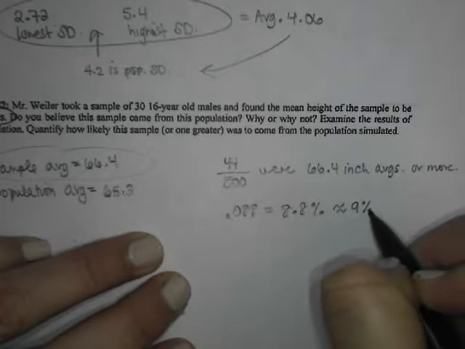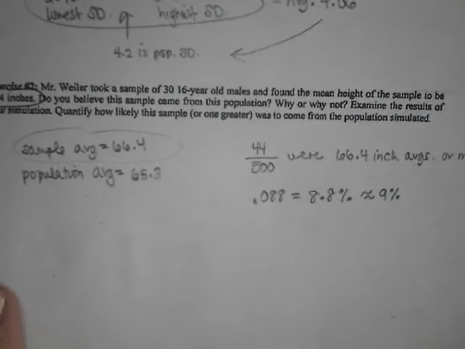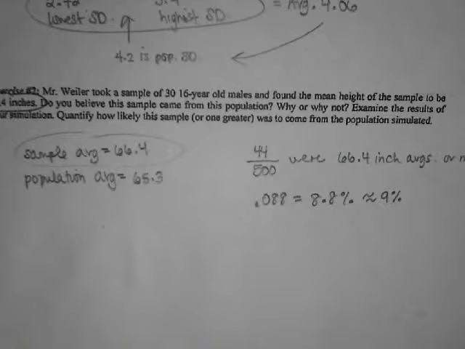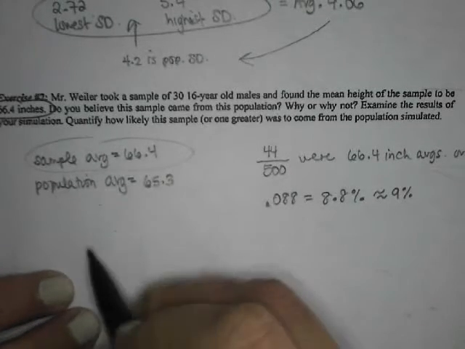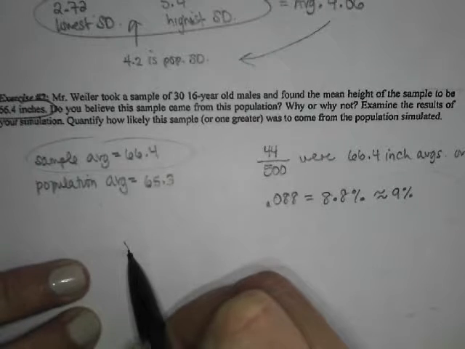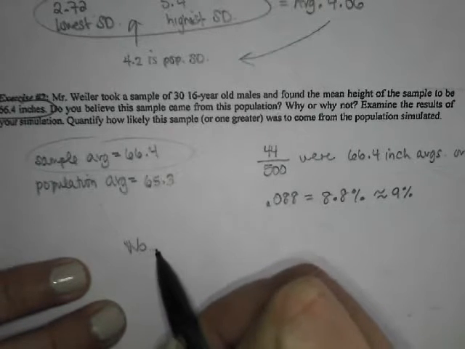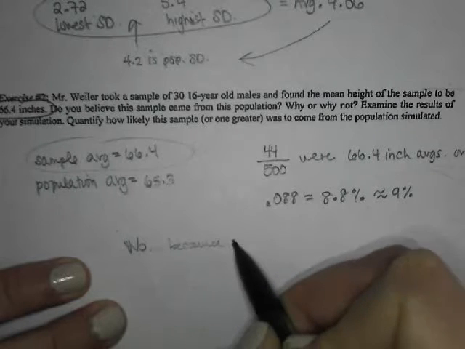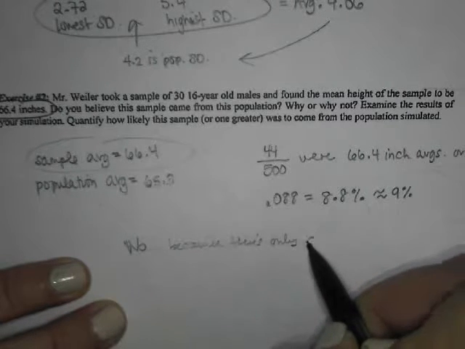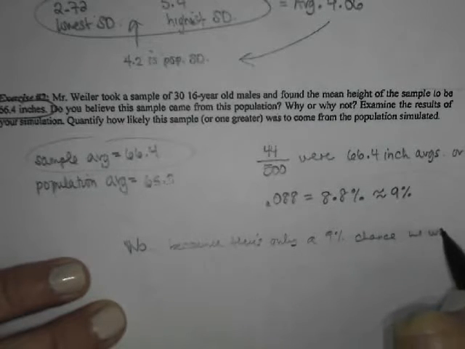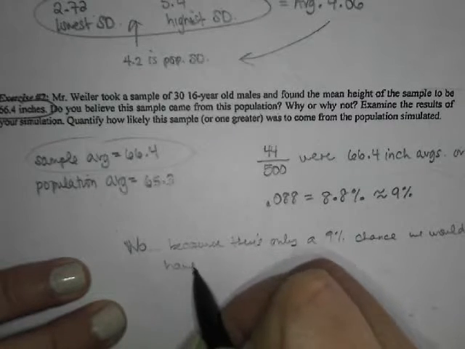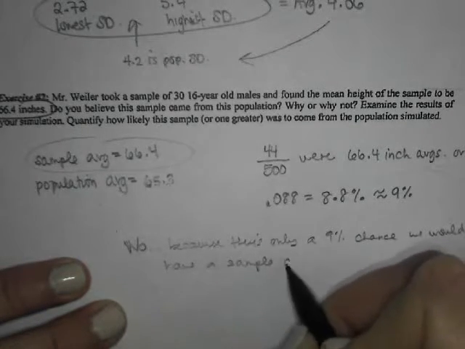So, I think that number is kind of in between enough that it's all in how you sell it. Do you believe this sample came from this population? On the one hand, you could say no, because there's only a 9% chance we would have a sample average greater than or equal to 66.4.